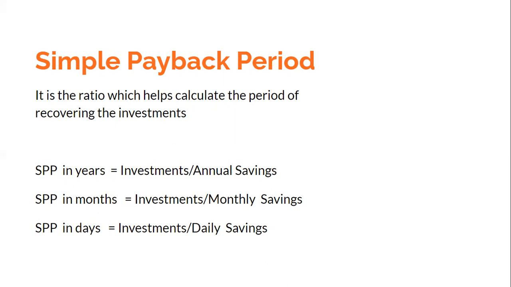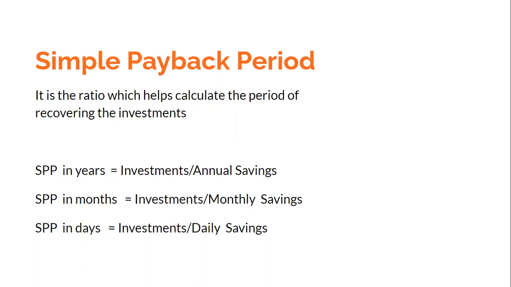If we divide the initial investment by the annual savings, what we obtain is the simple payback period expressed in years. So the capital investment divided by the cumulative savings over a period of a year, that is the annual savings, gives us the simple payback period in years.